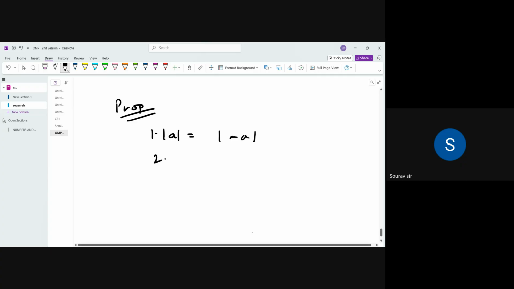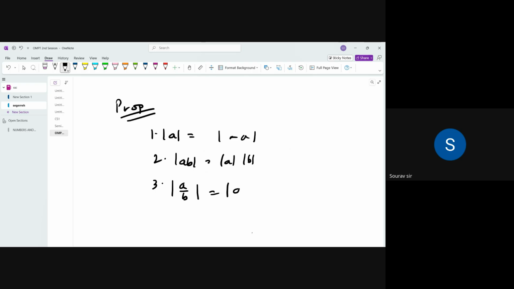Next, |ab| is equal to |a||b|. Or |a/b| is equal to |a|/|b|. Fourth, |a + b| is less than or equal to |a| + |b|.